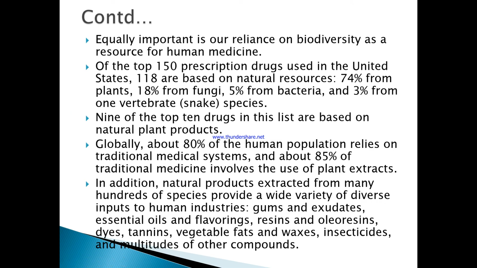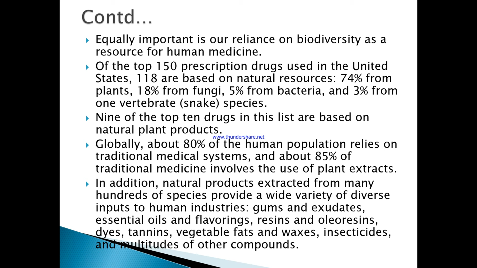So equally important is our reliance on biodiversity as a resource for human medicines. Of the top 150 prescription drugs used in the United States, 118 are based on natural resources. 74% from plants, 18% from fungi, 5% from bacteria, and 3% from one vertebrate, that is a snake species. 9 of the top 10 drugs in this list are based on natural plant products.